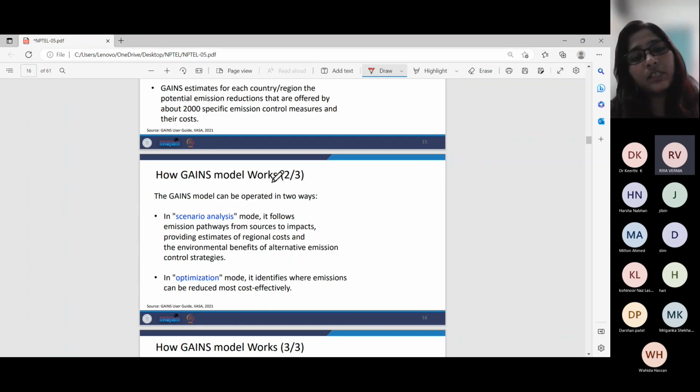While the optimization mode is not the study of every scenario or every kind of source and its impact. It just in general gives you the pathways from which the emission can be reduced the most in the most cost effective manner.